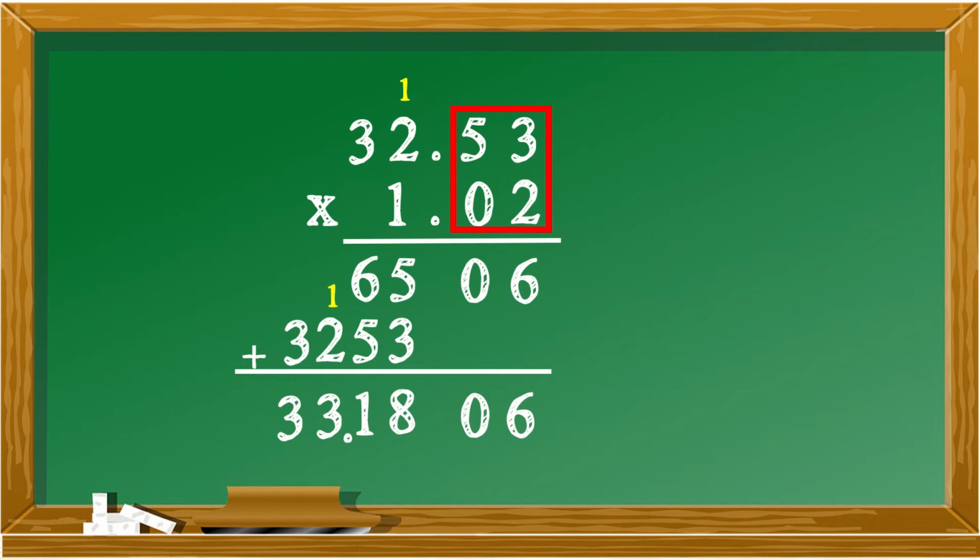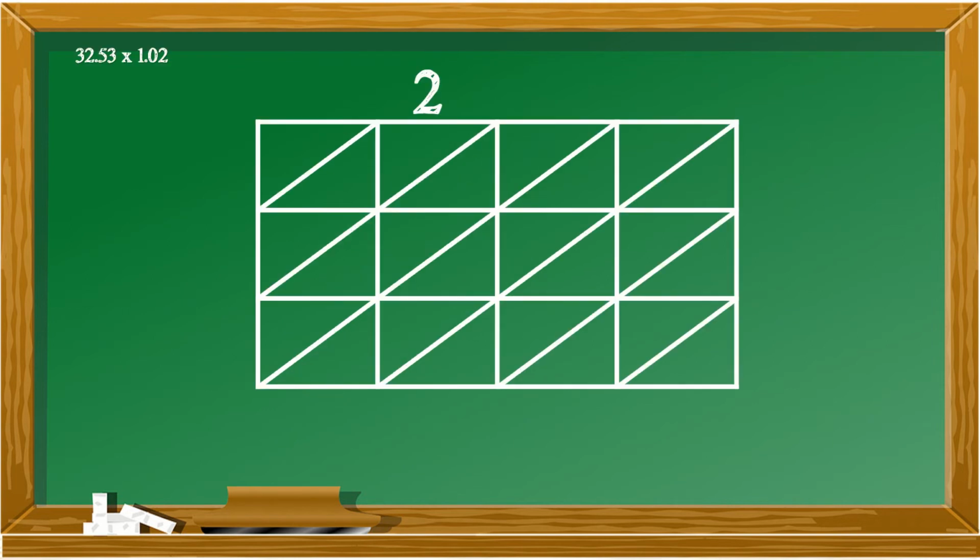So we'll try to answer this using the other method. So as you can see, we got 4 digits from the multiplicand and 3 digits from the multiplier. So we will draw 4 boxes horizontally and 3 boxes vertically, and put all the digits on the top of it.